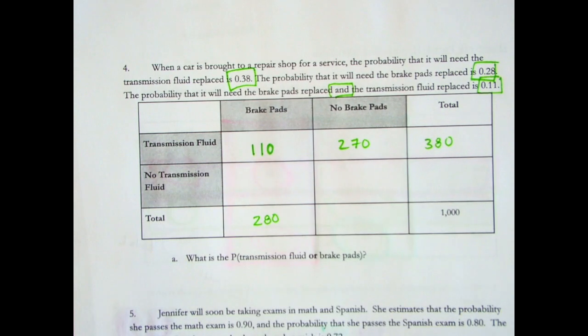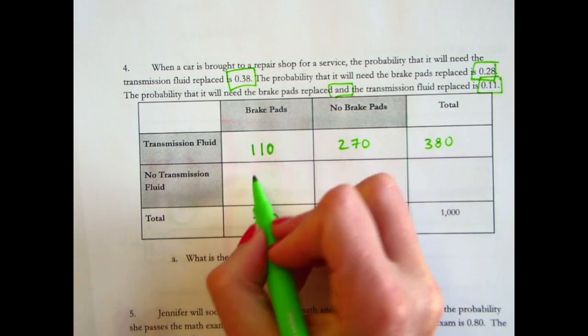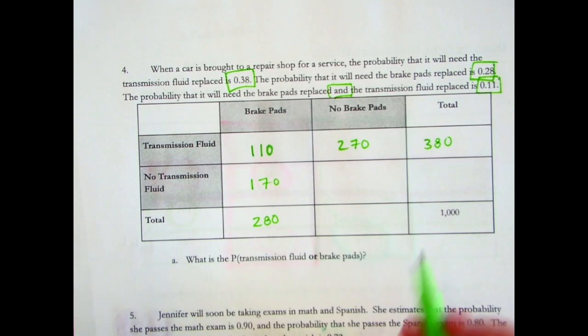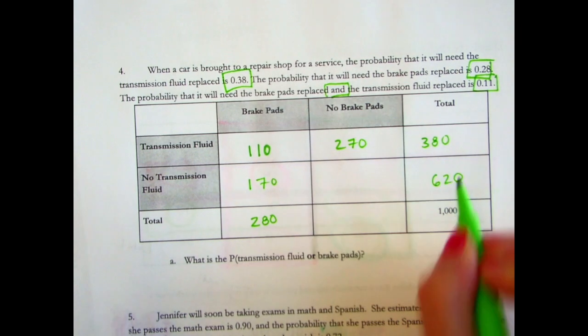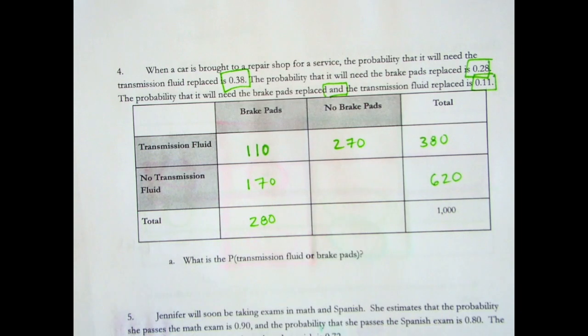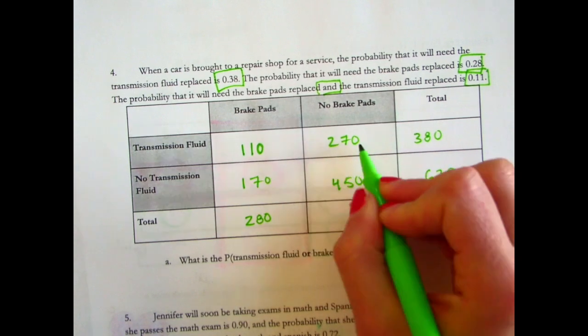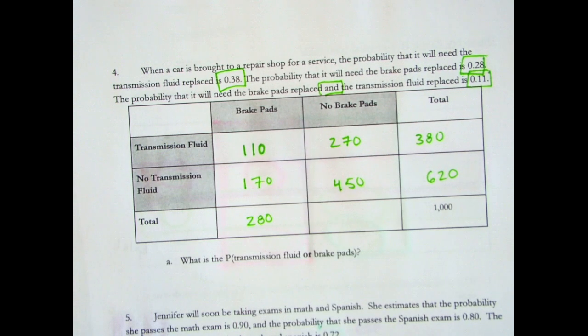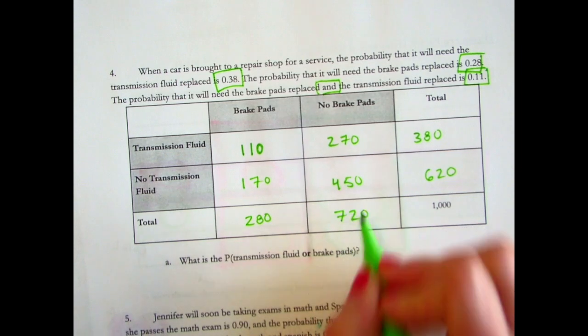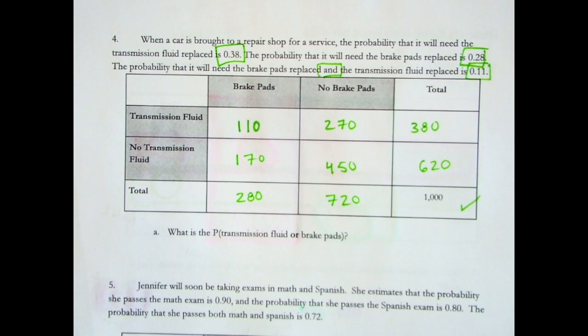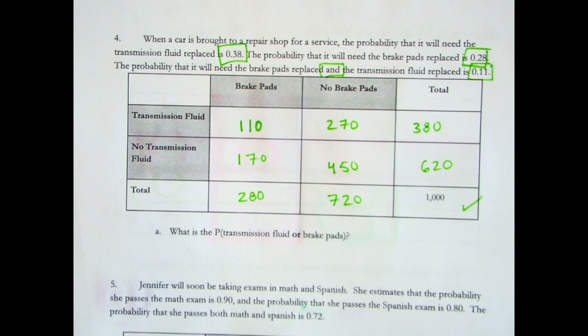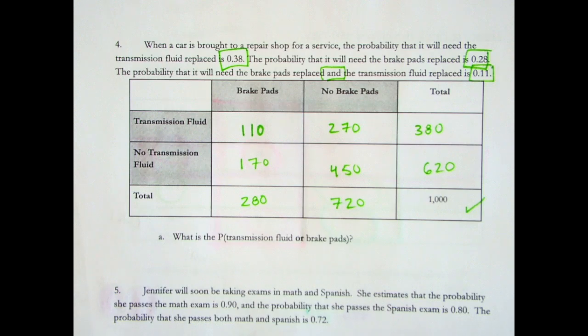Okay, I'm good. Now to find the probability of transmission fluid or brake pads. Again, "or" is additive. It's a union between the two events. So I'm going to look at the total for transmission fluid, the total for brake pads, and add those two totals, 280 plus 380. And as you can see visually from the table, you'll then need to subtract the intersection of those two events, 110, because the 110 is counted in both the 280 and the 380.